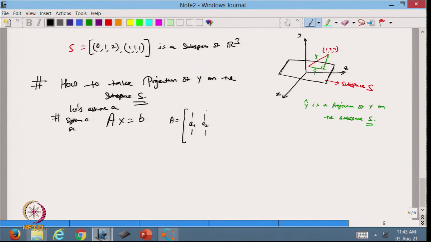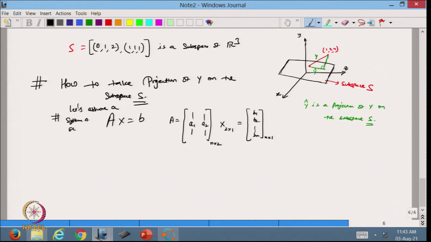In this case we always have A as n cross 2, and my x is 2 cross 1, and on the right-hand side I have b, that is b1, b2, up to bn. So, this is n cross 1.